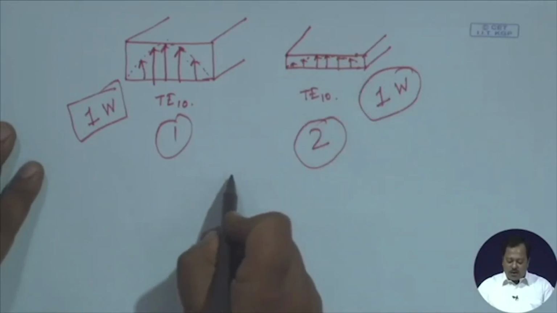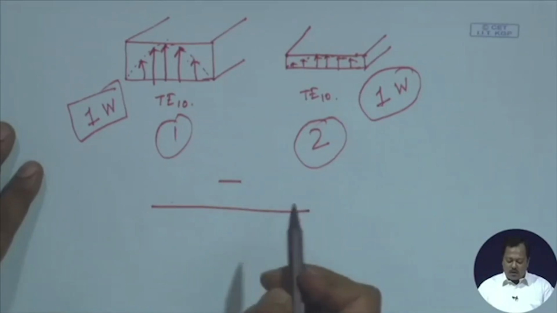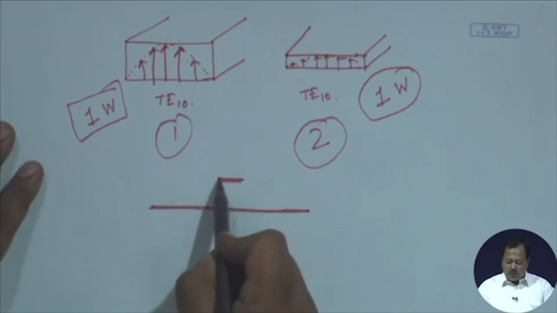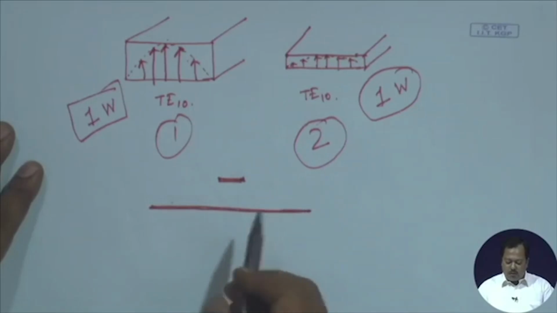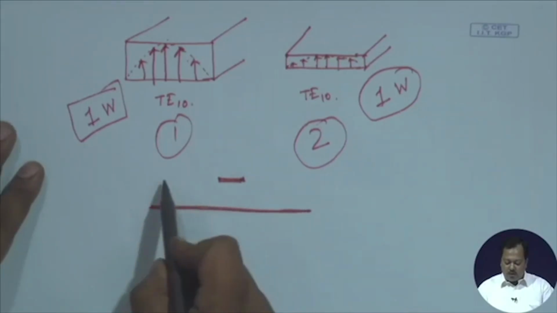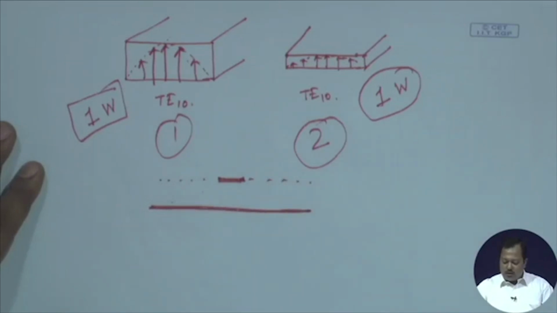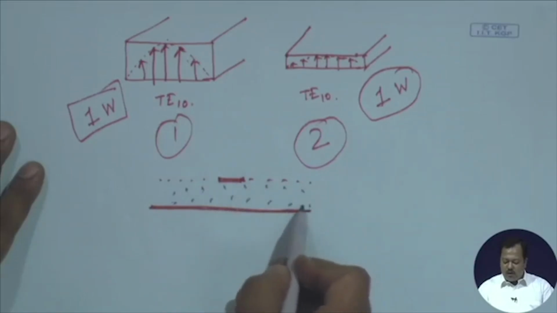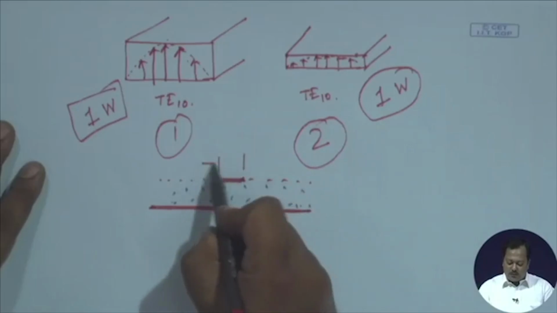If I consider a microstrip line, for example, it is showing a cross sectional view of a microstrip line. This is the top metallic strip and this is the bottom metal which we call the ground, and in between we have dielectric material. In this case the strip width is much smaller compared to lambda g.